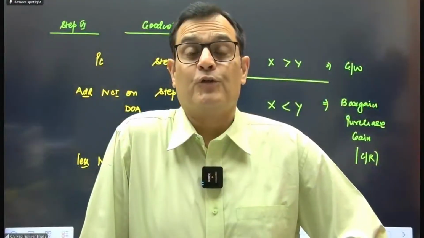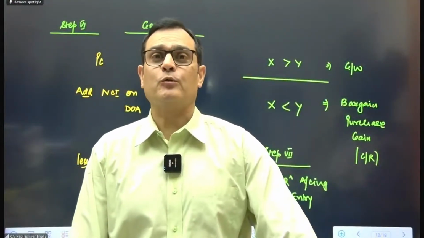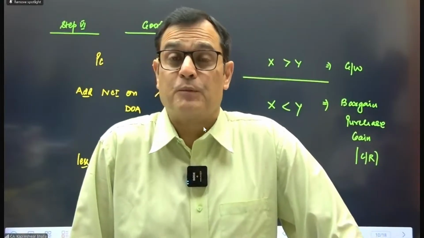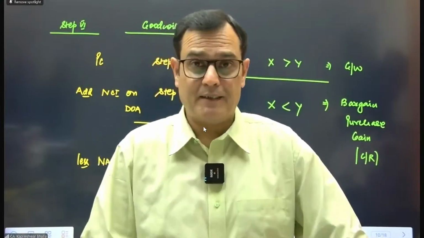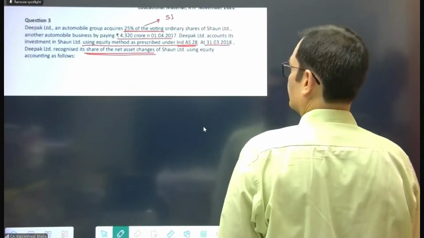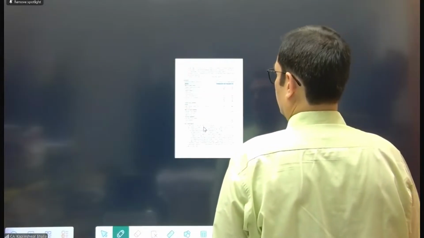Relax your minds. So now I think we are ready to go to a comprehensive question on the acquisition accounting, looking at the application of all the 7 steps we have done. Let's take you to a comprehensive question. Okay, sir. Right. So I think this is one of the questions in the study material as well.